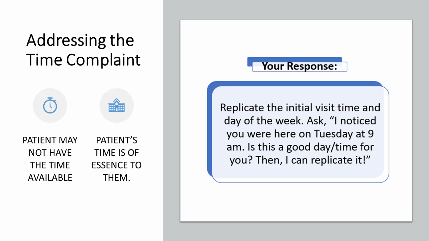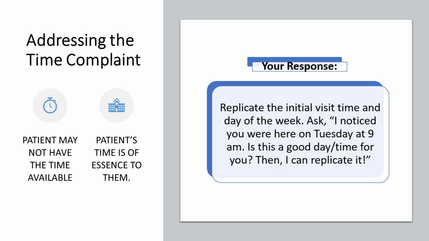And when I go into any business, I want to make sure that I am treated with a sense of urgency for certain things. But for your patients, a form of objection could be that they just don't have the time available. So what is the strategy for you to handle this fourth objection?